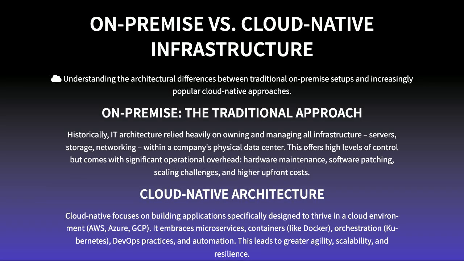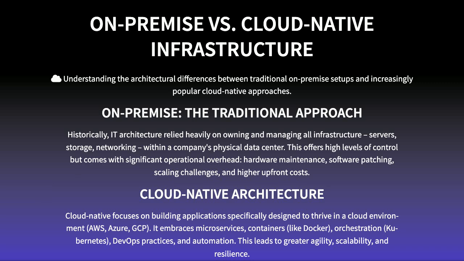Okay, let's talk about where our IT systems live. Traditionally, most companies build their infrastructure, servers and networks, right inside their own buildings, creating what we call on-premise environments. This gave them a lot of control, but also meant they were responsible for everything from hardware upgrades to software patches, which could be really time-consuming and expensive.